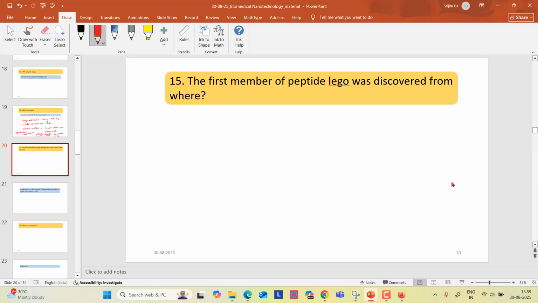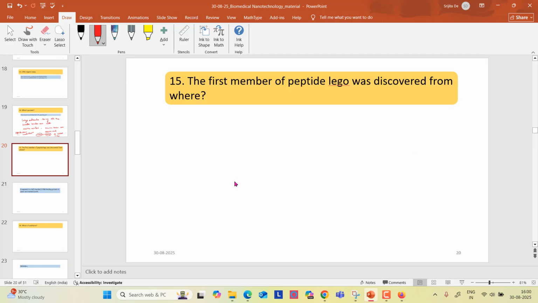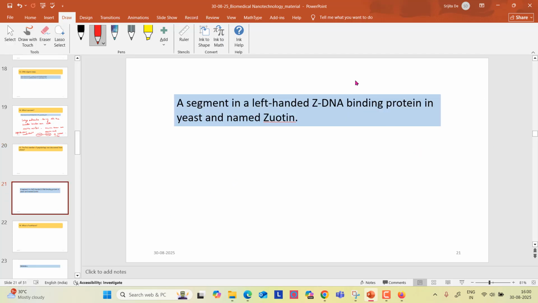The first member of the peptide Lego was discovered from a segment in the left-handed Z-DNA binding protein in yeast, and it was named zuotin. That means the peptide bond was first discovered in relation to DNA, because peptide bonds form the proteins, and proteins are synthesized from the DNA.